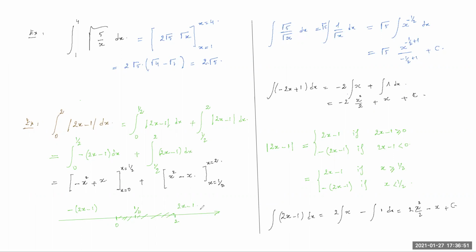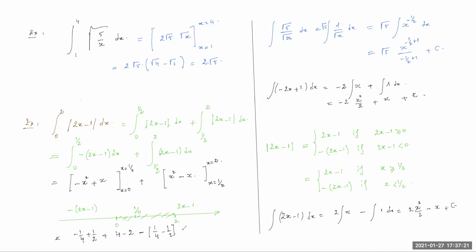Then you take the values at these endpoints and substitute. At 0 it's 0, at 1 over 2 you have minus 1 over 4 plus 1 over 2, plus here 2 squared is 4 minus 2, then minus 1 over 4 minus 1 over 2.